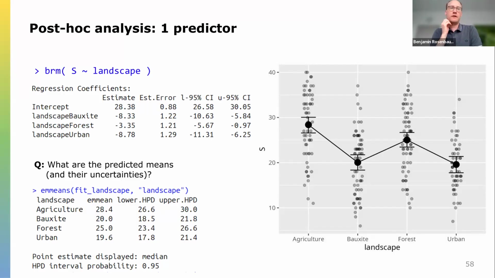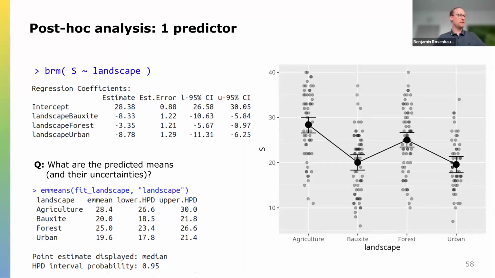You can do these predictions yourself, or you can just use the emmeans package. So first, emmeans, fit, landscape: first you put in the fit object, and second, landscape. This means that for all the levels of landscape, I want to extract the mean. So here it automatically computes the group level predictions.